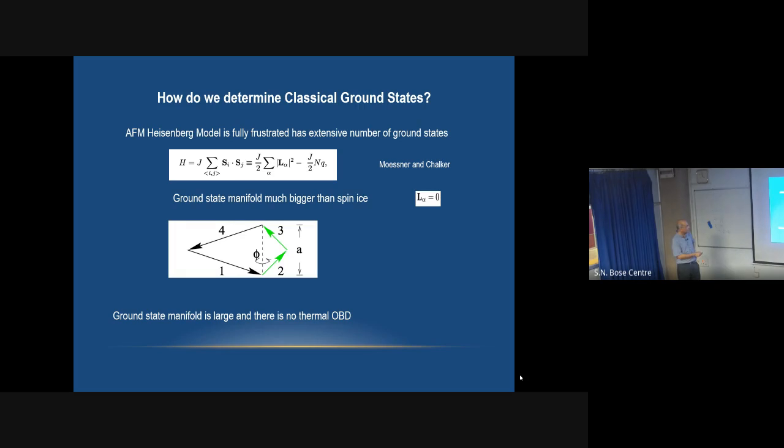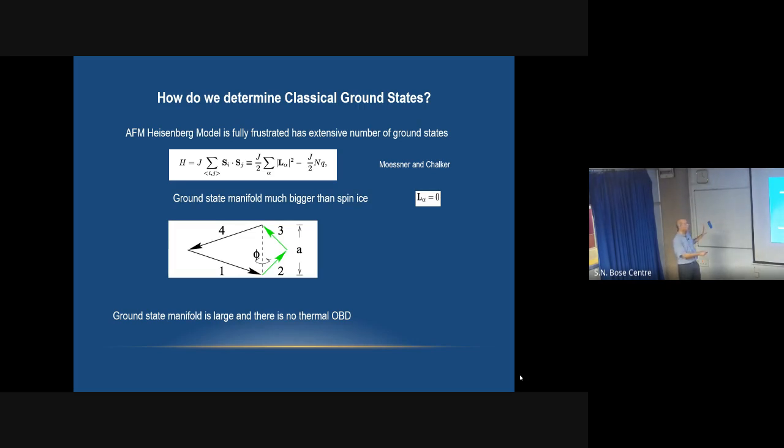You can see that. Let's consider 1 and 4 over here. These 2 vectors could be separated by some vector distance a. And 2 and 3 have to be separated by exactly the same vector distance for them to add up to 0. And you can see that these can be rotated around this axis by a certain angle.